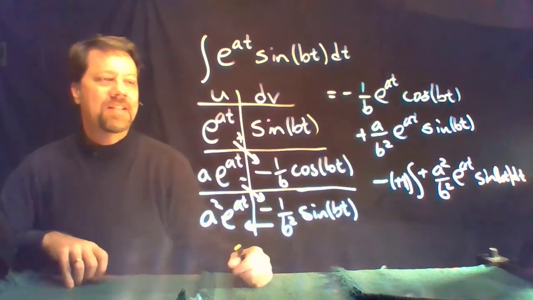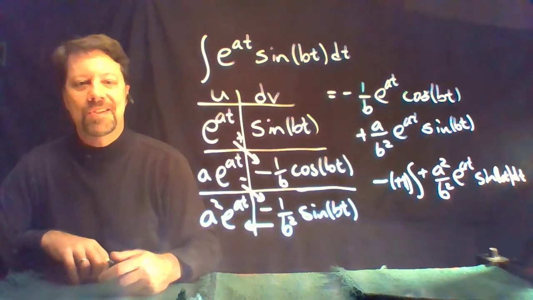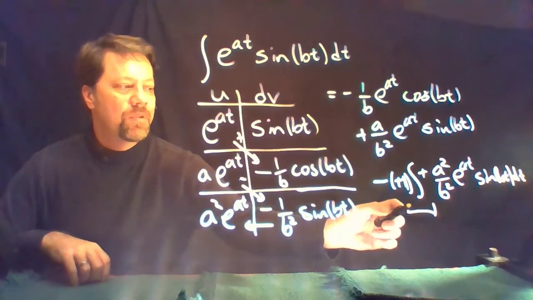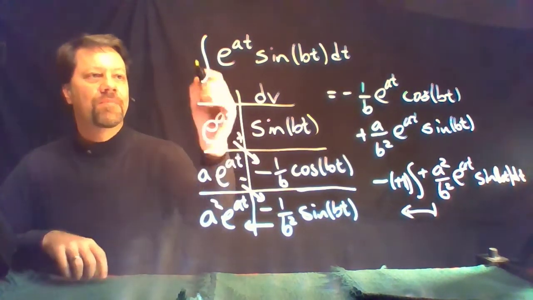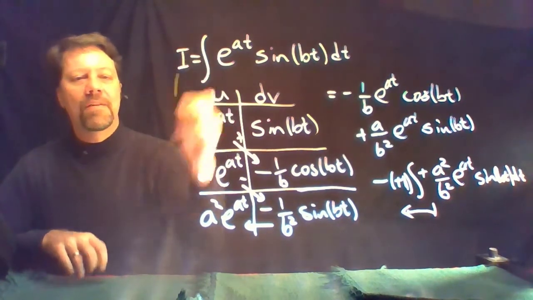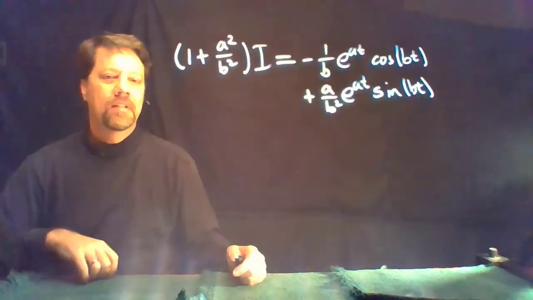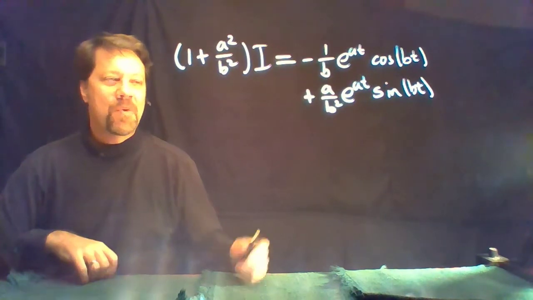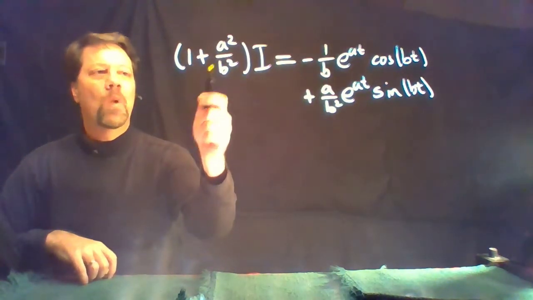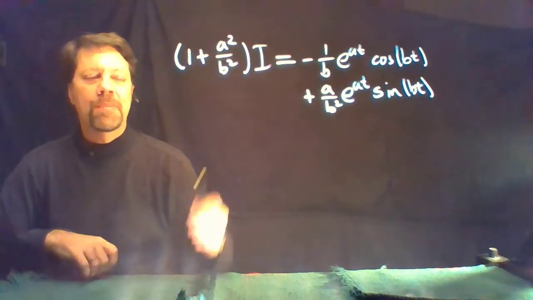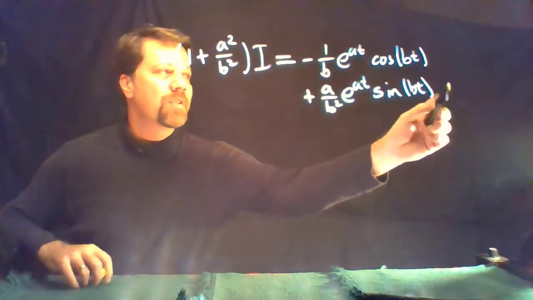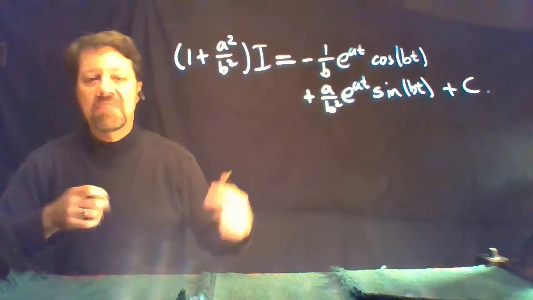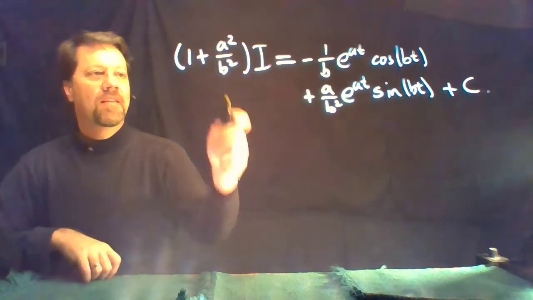The integral is now very much like the integral that we started with. We just need to move this term to the other side and combine it with the similar integral. Let's denote the original integral by I. When we move the integral over, we get 1 plus a squared over b squared times the original integral I equals these other terms plus maybe a constant of integration.